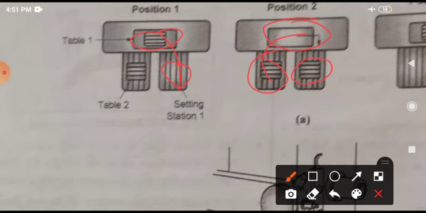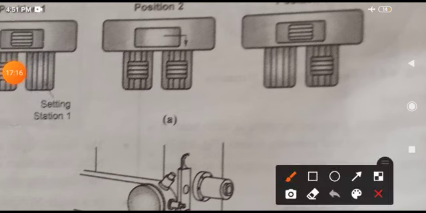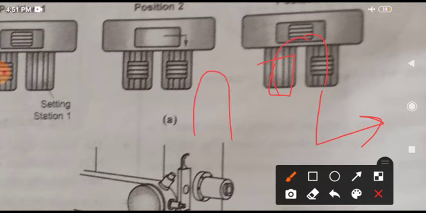Then after finishing this, similarly this part will be provided to the further operation. A new part will be loaded at this location, this part will shift to this side, and again this. In this way, inverted U type operation or pallet changing is there.